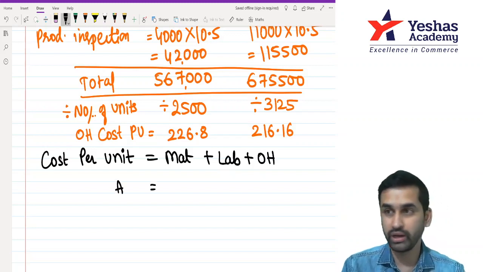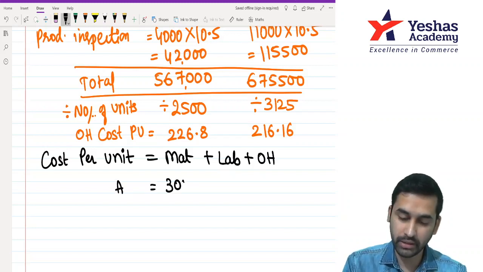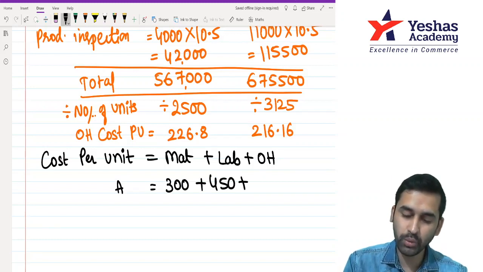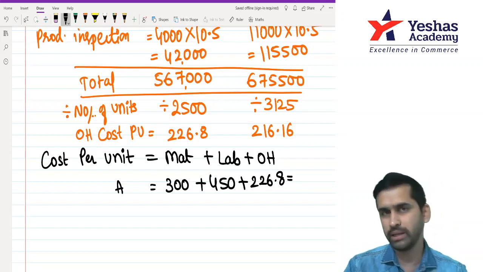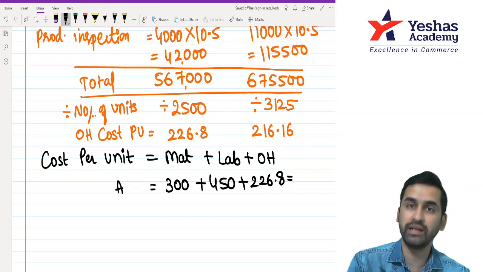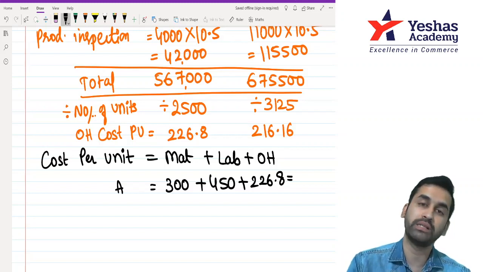For A, material 300, labor 450, overhead 226.8. If you don't want to make one more table, show it this way, that's fine. As long as the reader can understand what you have written, your presentation is correct.